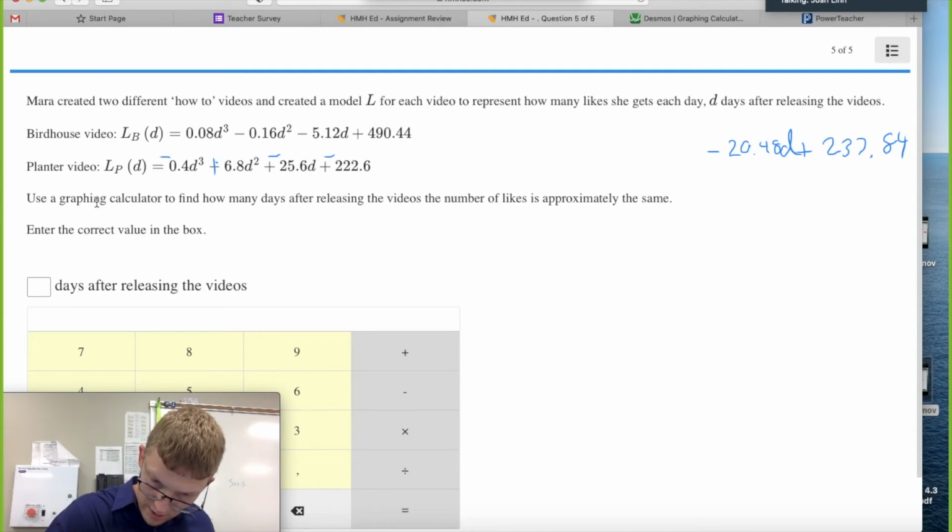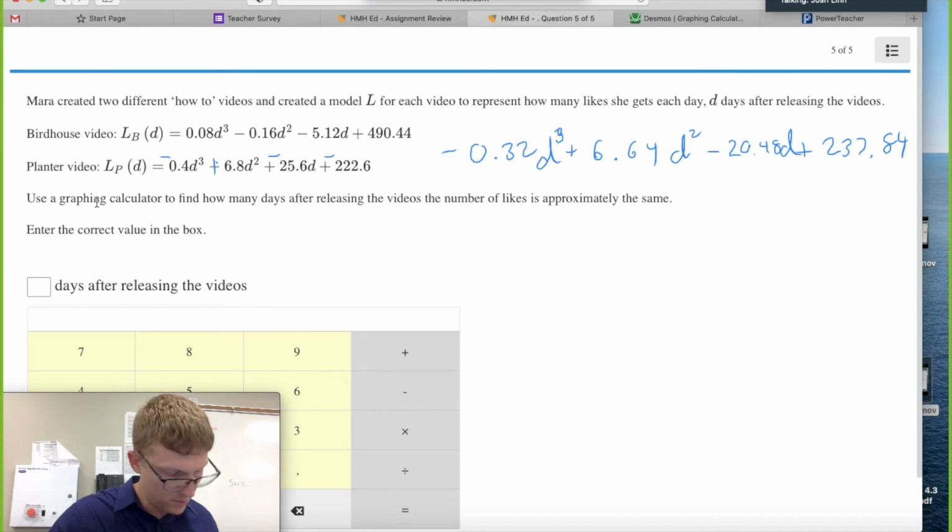So let's see, that's going to be a D squared, and we've got a positive 6.64, and then 0.08 minus 0.4. So this is going to be a D to the third, and that's going to be 0.32 with the negative type.